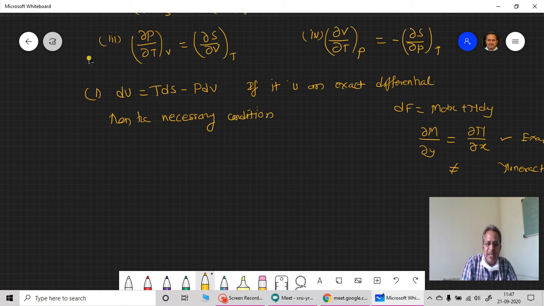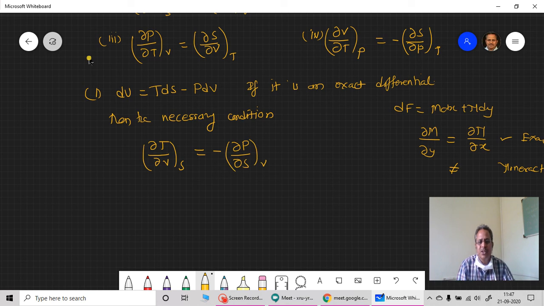Necessary condition: this is like M, this is N, differentiate M with respect to V, that is like y, differentiate this N with respect to x, that is S. So I can write here, therefore if it is an exact differential, then it must satisfy the condition delta T upon delta V at constant entropy must be equal to negative sign of this delta P upon delta S at constant volume. Okay, this is my first relation, first Maxwell's relation. Check it.